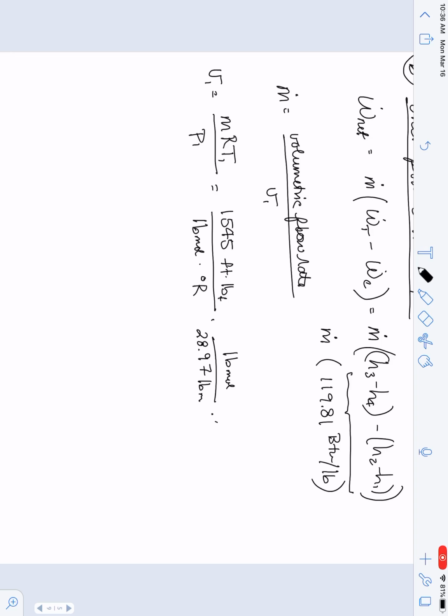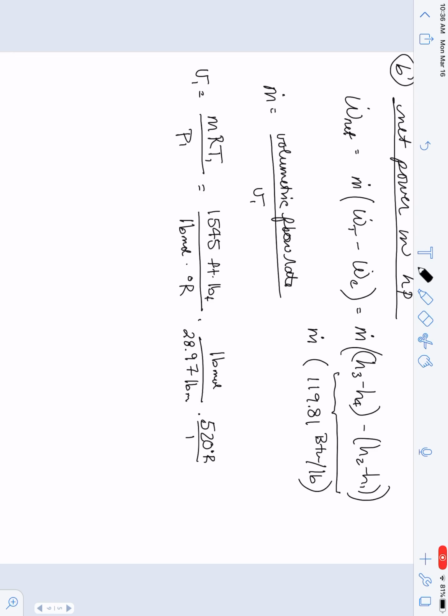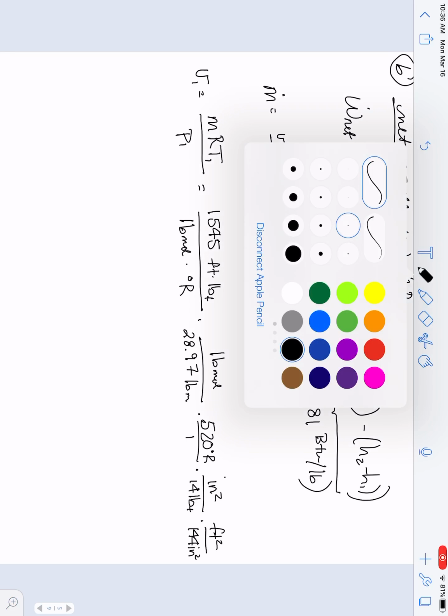Of course, multiply that by the temperature, divide it by the pressure, which is 14 pounds force per inch squared. Our volumetric flow rate was in cubic feet, so we want to get all of our length units in feet. So there are 144 square inches in a square foot.